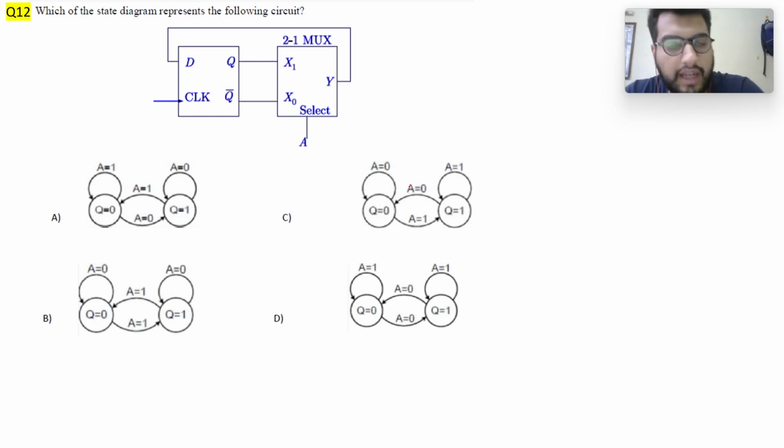Now I'd like you guys to try this question first, and then I'll show you the solution. It's question 12. I think in 5 minutes you will be able to do it. So at 4:15 I'll ask you guys to type in your answers if you're able to do it. Then I'll show the solution. Which of the state diagrams represents the following circuit? The circuit is given and we have to mark the correct state diagram. So do it.